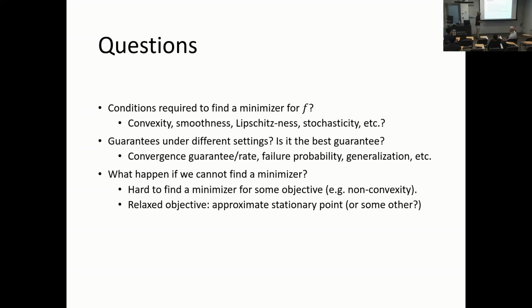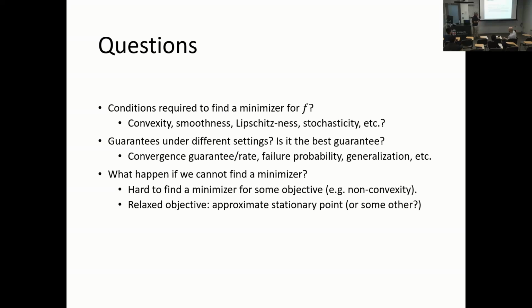I should also mention that in many scenarios, we cannot find the minimizer. For example, if the function is non-convex, then generally it's very hard to find a minimizer. So a lot of the time you relax the problem. Instead of finding the global minimum, maybe you find some kind of approximate stationary point, meaning a point where the gradient is close to 0, for example.